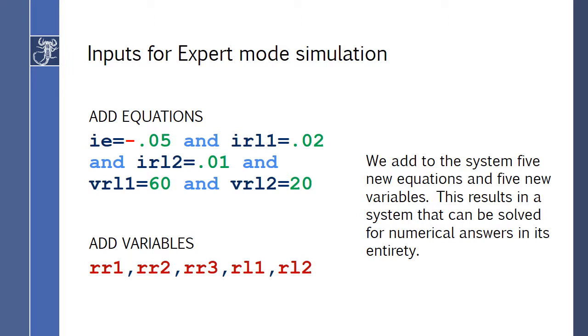Notice also that the equations expressing these known values are separated using the AND term. This is required. And then notice that the variables are separated using commas. This is required because of the syntax of the solve command of the calculator. So now let's type this into the dialog.